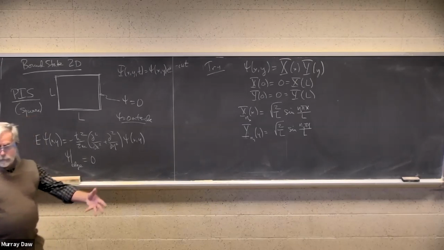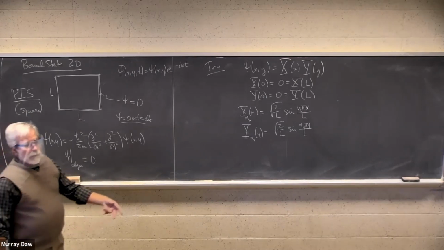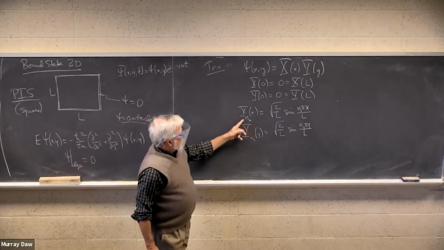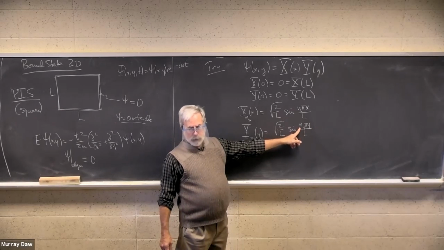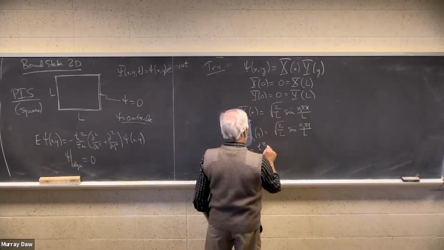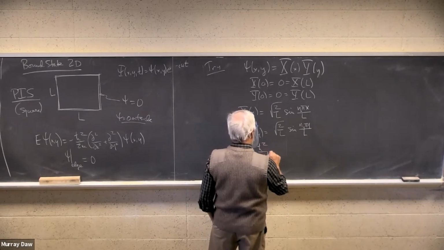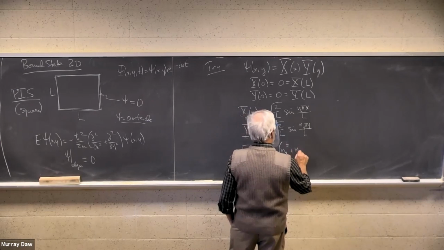So it's just a product of one-dimensional particle in a box wave functions. But we have two different variables. We have an integer for the x direction. We have a different integer for the y direction. So total energy then, like this.